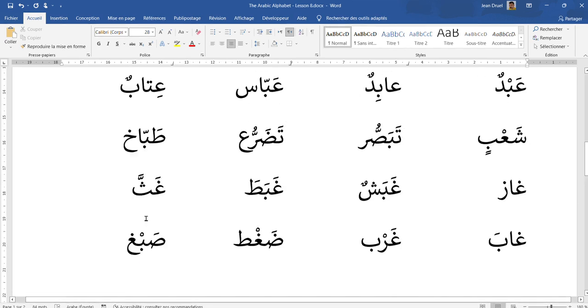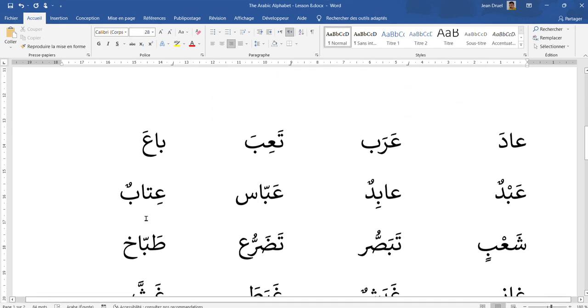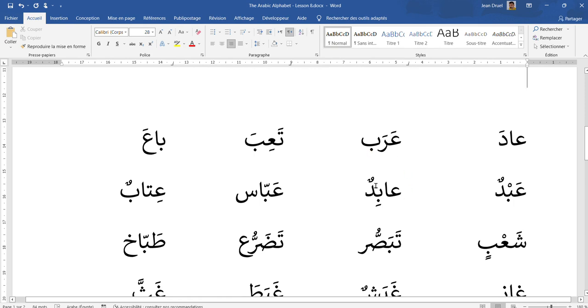So here we have this one, ʿarab, which means Arab. The word Arab in Arabic begins with an ʿayn. That's why usually the ʿayn is used as a symbol for Arab, ʿarabi. This one you know, it's ʿabd, like in Abdullah, ʿabdun.